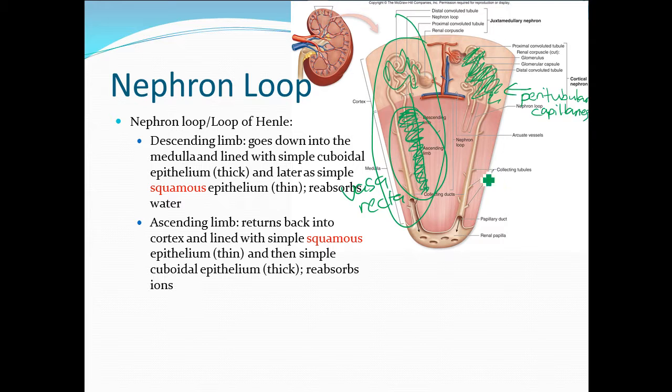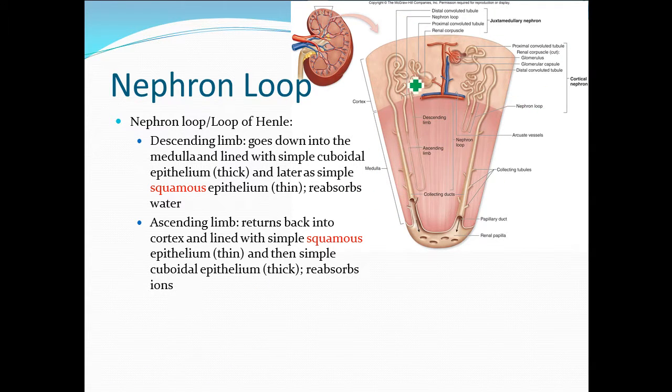Okay. So once again, as you're going down the descending limb, since you're reabsorbing water, you're reabsorbing it from the filtrate into the blood. So if it's reabsorbing water, the filtrate itself becomes more and more concentrated. Does that make sense? Okay. Here's the filtrate.